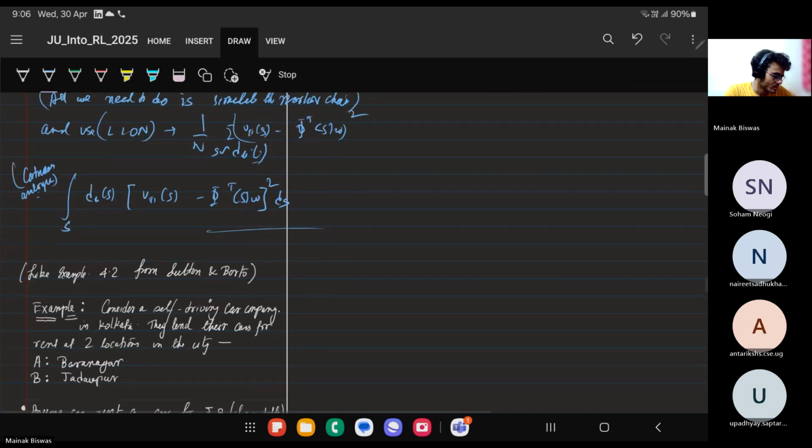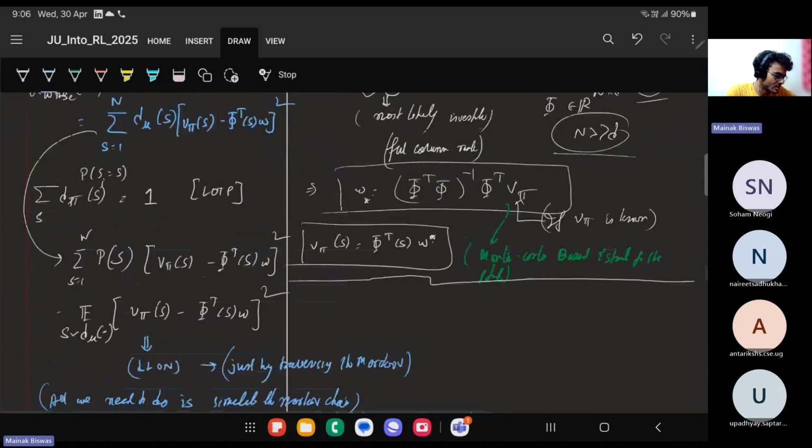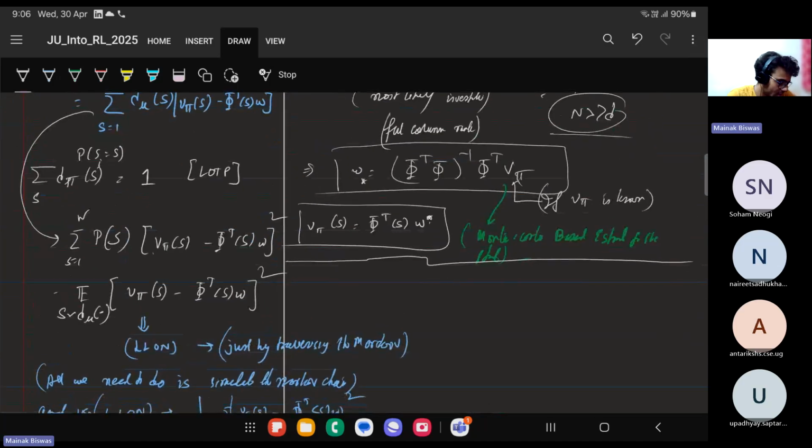Fine. So now we'll try and solve this question. The first part of this question is for the weighted MSE. Write it as a matrix.